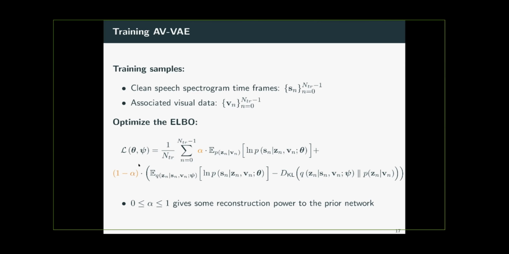So this factor alpha here is giving some importance to reconstructing only from video. It is actually reconstructing from the prior, the prior that depends only on the video. And this is useful to prepare the generative model to be initialized with visual information later on when there is going to be noise.